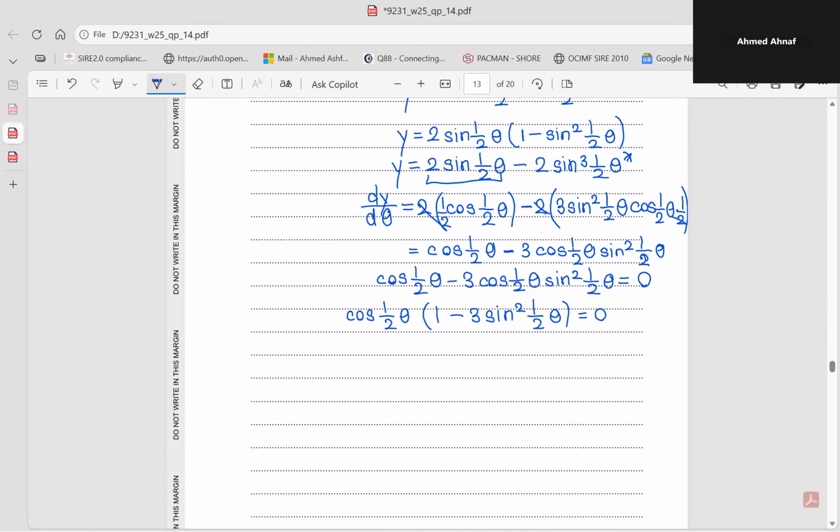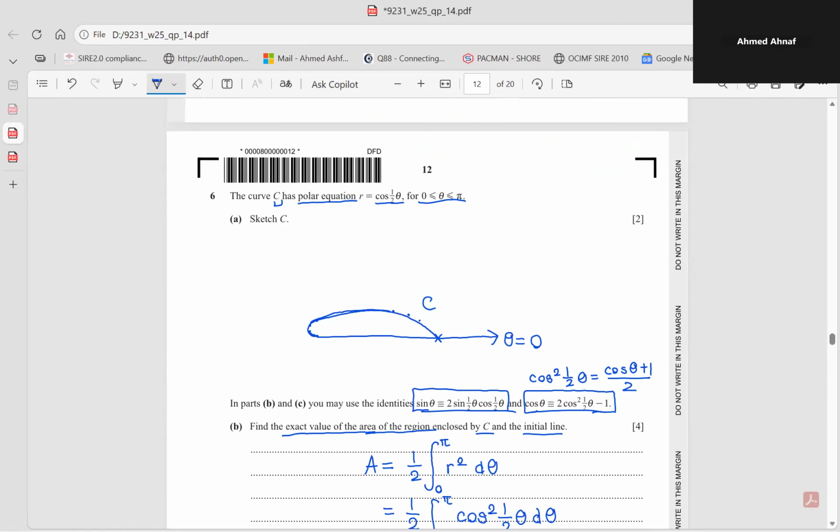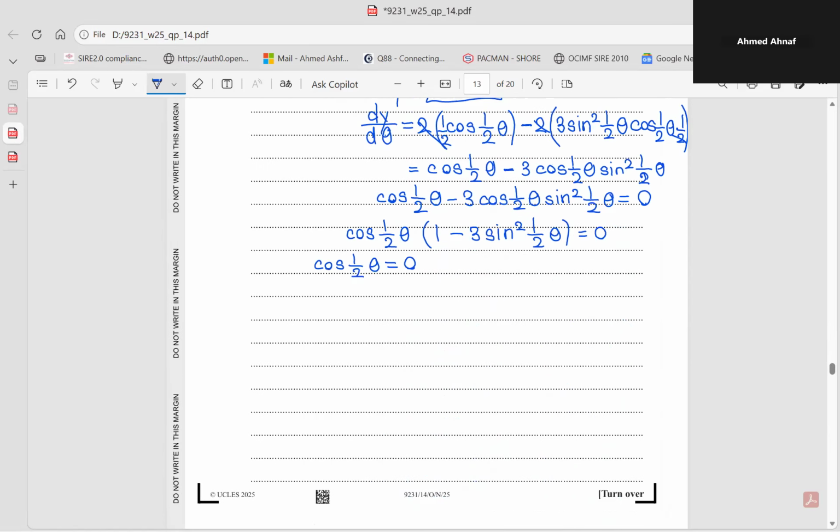Okay, and then you just equate both factors to 0. So cosine half theta equals 0. Just simply solving it and taking into account the range, which for theta is 0 to pi, so for half theta it's going to be 0 to pi over 2. So this can only be equal to pi over 2.